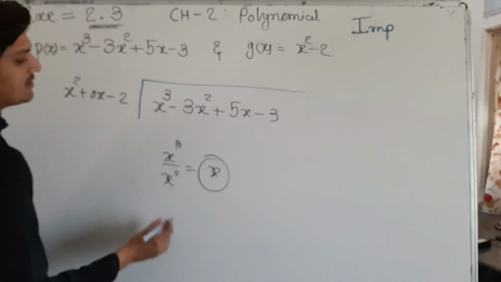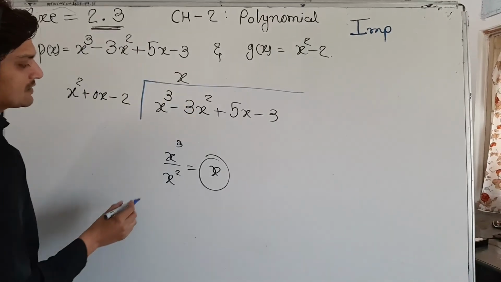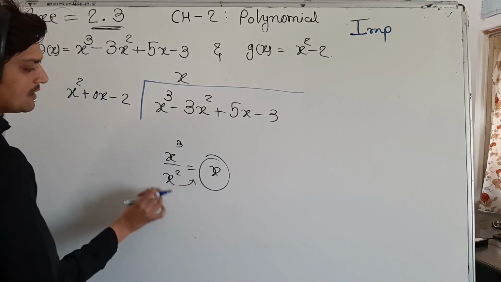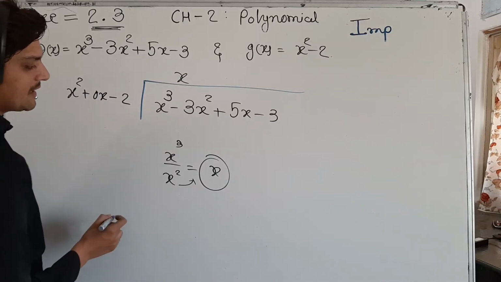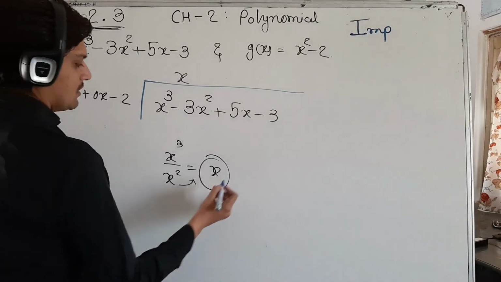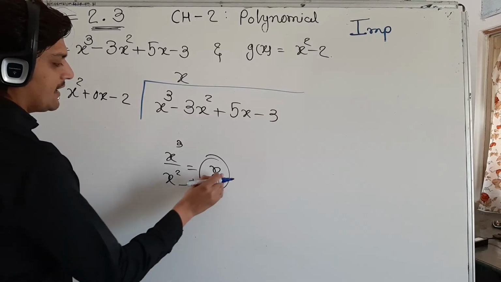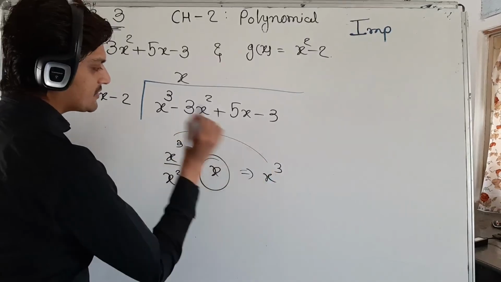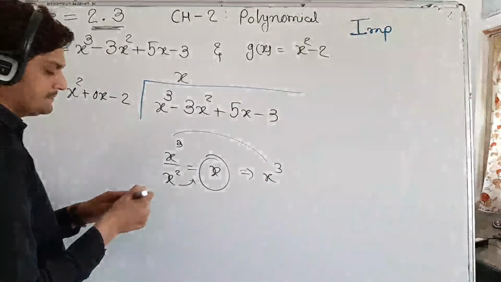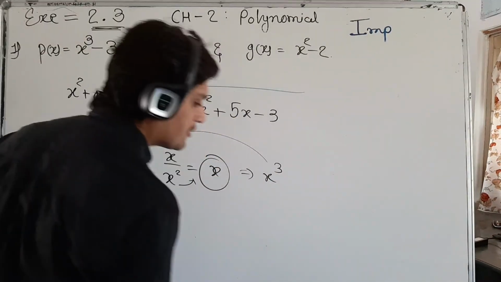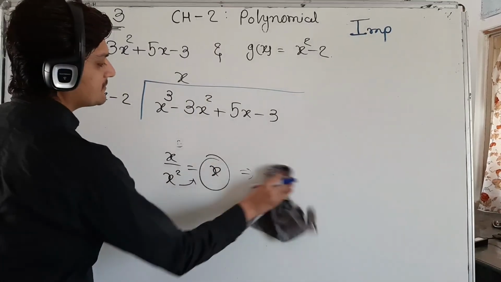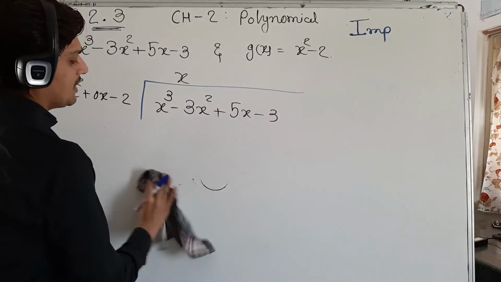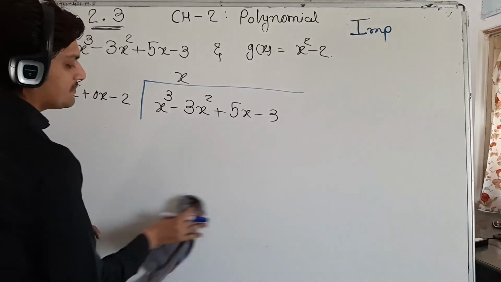By this x you have to multiply here, so if this term is multiplied, x square into x, x cube will come. So again x cube equals x cube, very simple. So now we have to multiply it by x. If you still don't understand why we are going to multiply with x, write in the comment box fast.